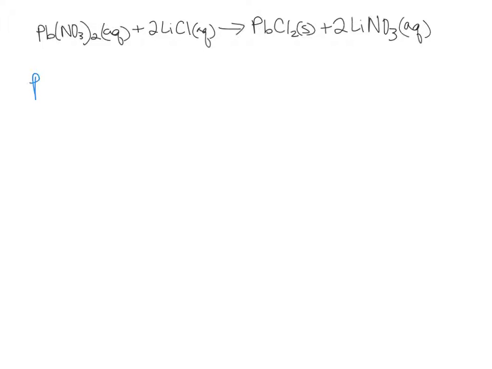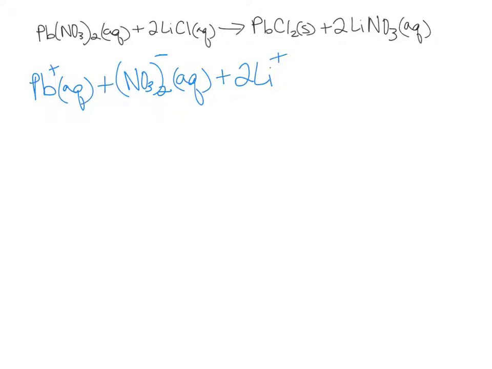So we're going to write our Pb separately because that's our positive ion, plus our negative ion, which is NO3, aqueous, plus 2 Li, and we have a charge of positive for the lithium, and that's aqueous, plus our chlorine, which is also 2, and it has a negative charge, and that's aqueous. So that's our reactant side.